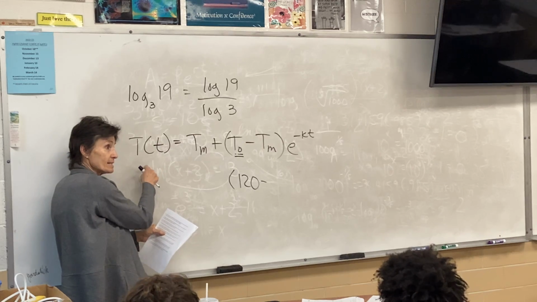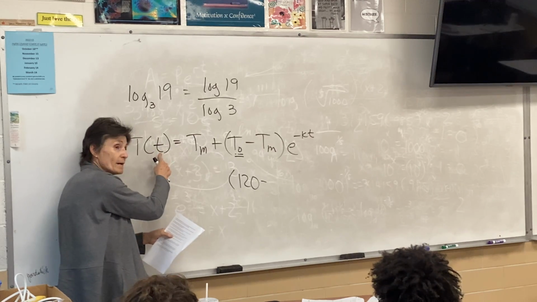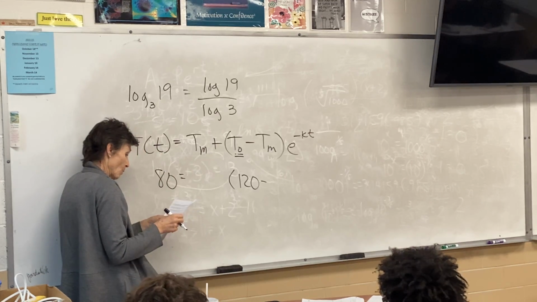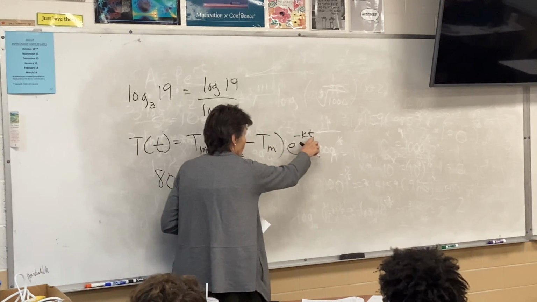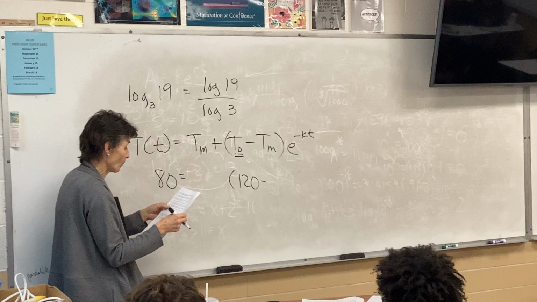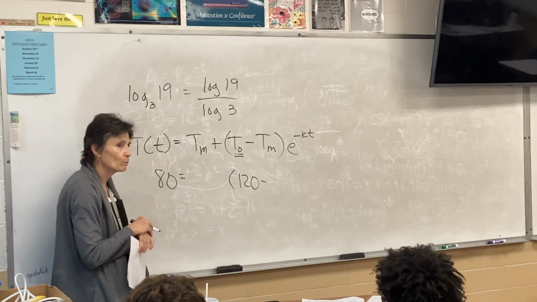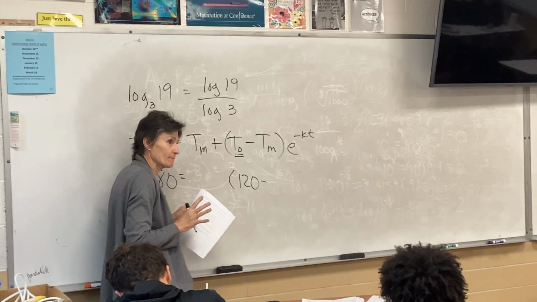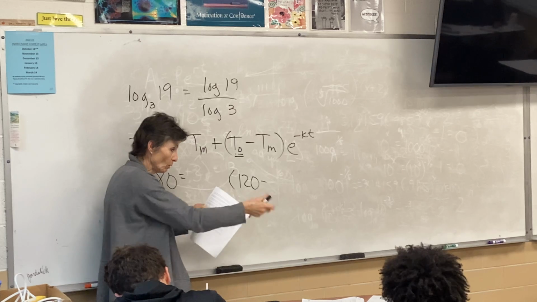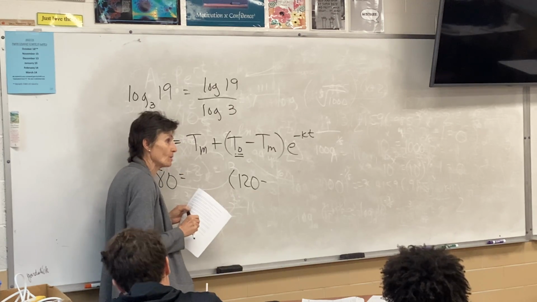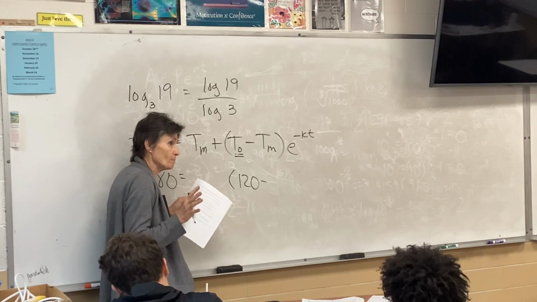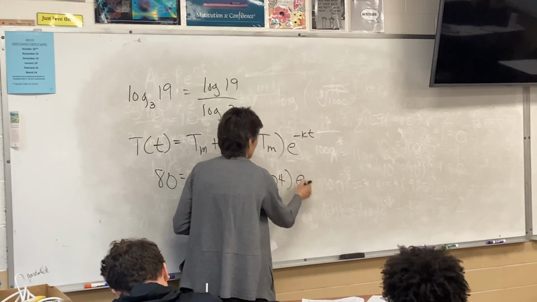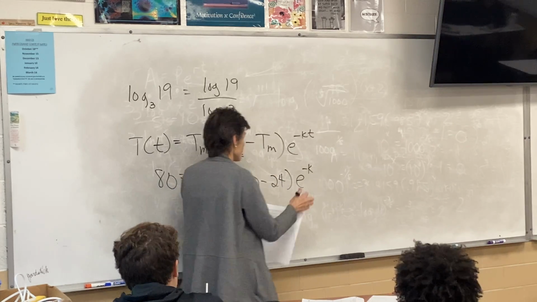That's the temperature after a given time. 21 minutes is going to be the time. What do I do with the 24 degree room? It's the medium, the temperature of the medium in which I'm existing. So I pulled brownies out of the oven and put them on the counter. Now they're in a room that's 24 degrees. And the time we said was 21 minutes.